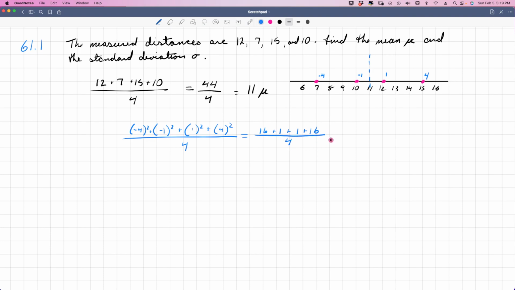That becomes 34. Yes, 34 divided by 4. That's going to be 8.5 when I round it up there. And so that is our variance.